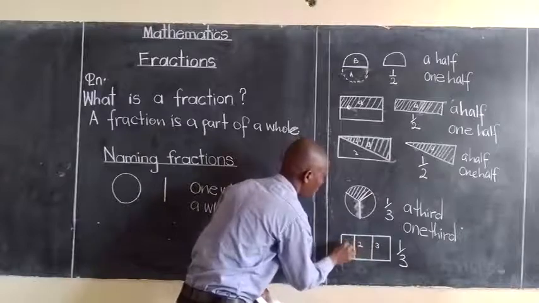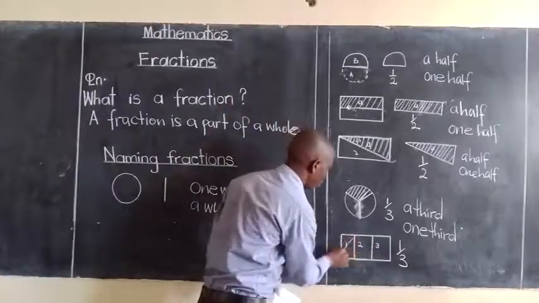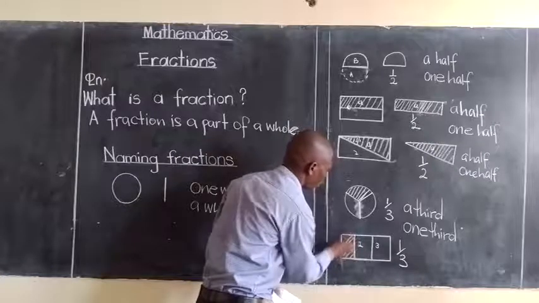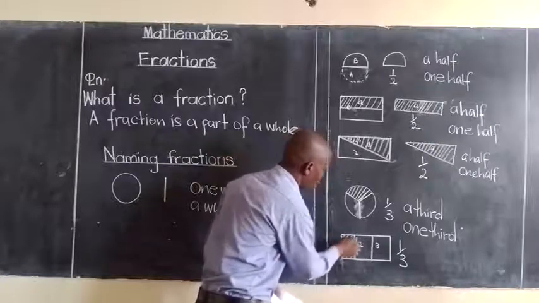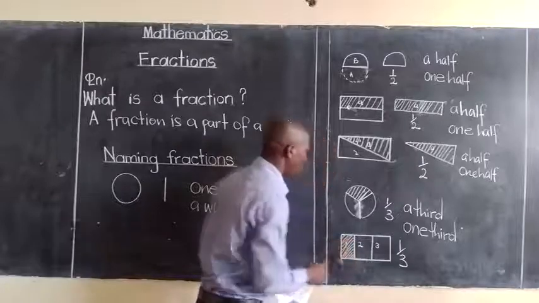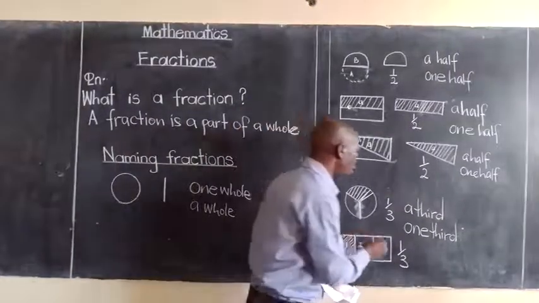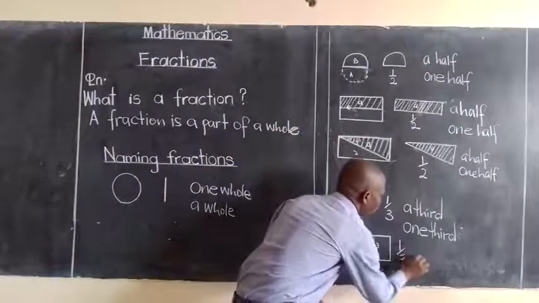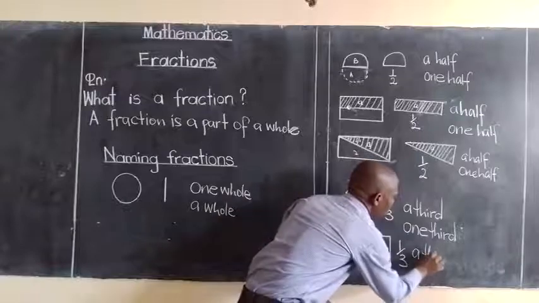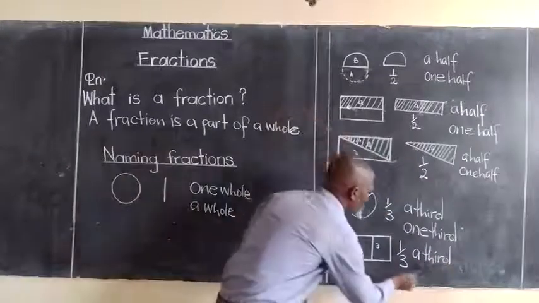So there are 3 parts. And we are taking 1 out of the 3. So we are taking the shaded part. And the shaded part represents 1 out of the 3 parts, which is still better written as a third. Or we may write it as 1/3.